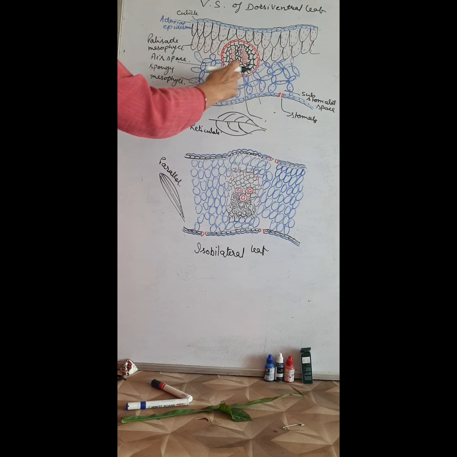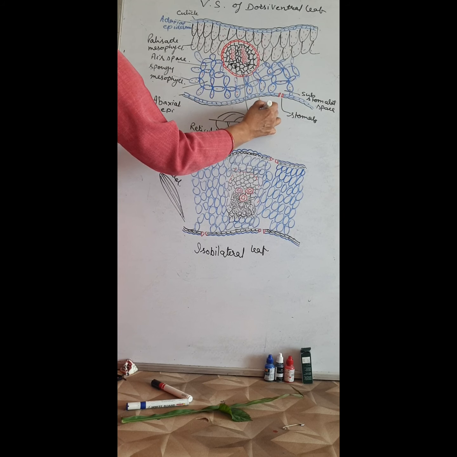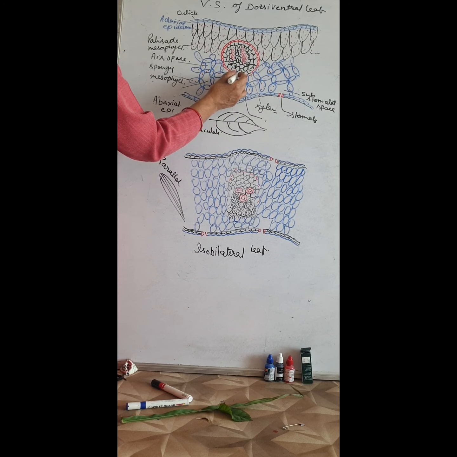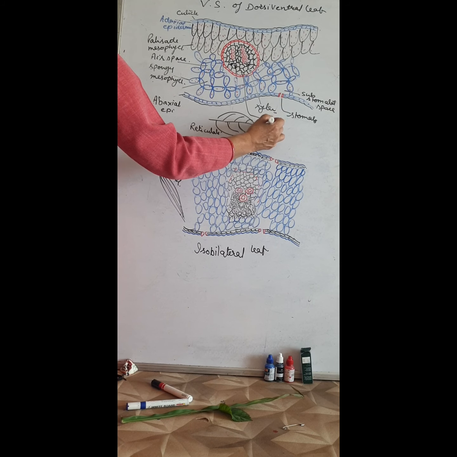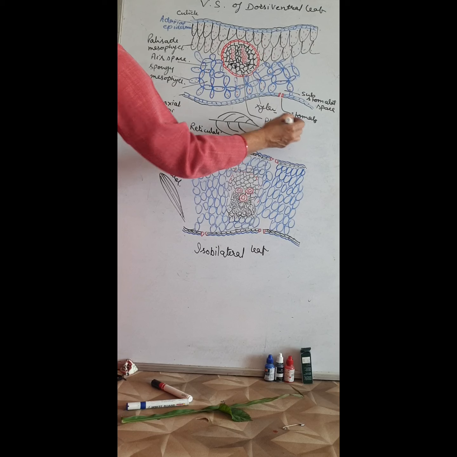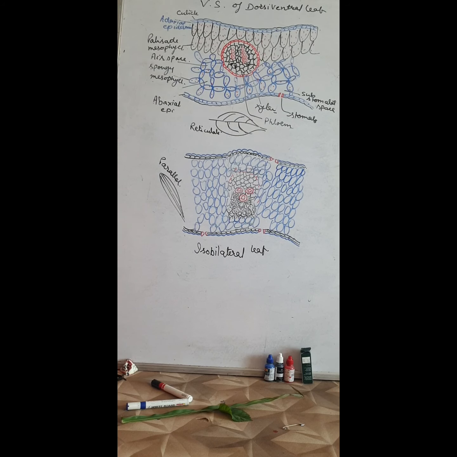The vascular system consists of vascular bundles. These, the red ones, are the xylem, and the food conducting tissues are phloem. The size of the vascular bundle that we see in the midrib depends upon the size of the veins.